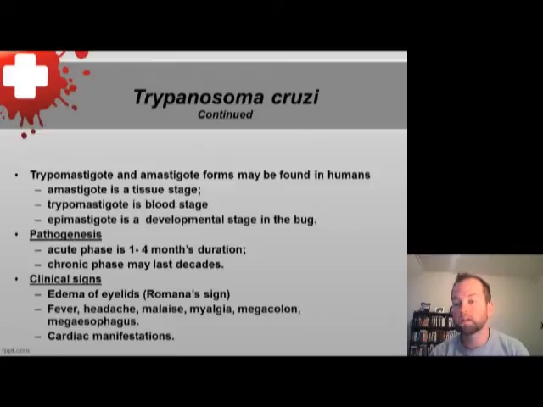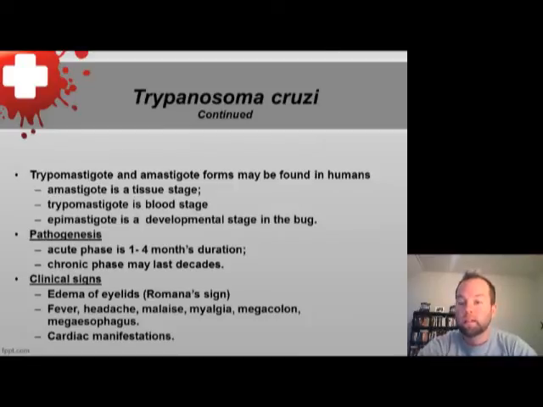The acute phase of Trypanosoma cruzi can last 1 to 4 months in duration, and the chronic phase can last years to even decades. Clinical signs of T. cruzi can result in fever, headache, malaise, megacolon, and megaesophagus, as well as cardiac manifestations from the amastigote tissue phase.